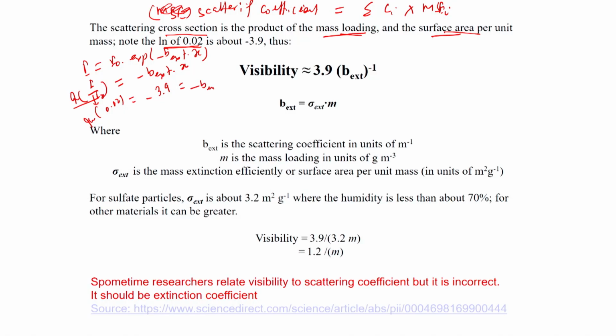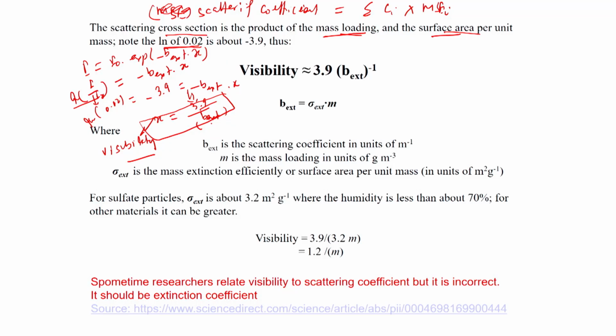If you put this value, minus 3.9 equals minus b extinction into x, and from here you can calculate x, how far you can see, which is nothing but 3.9 upon b extinction. This is the equation we usually use for calculating visibility if you know the extinction coefficient. Here x is the visibility.